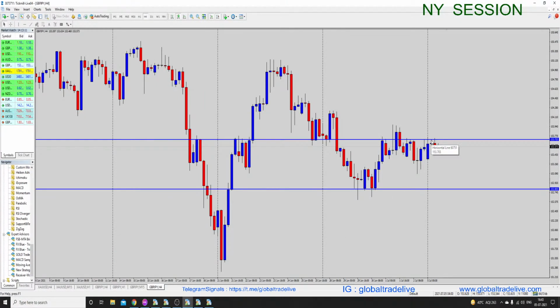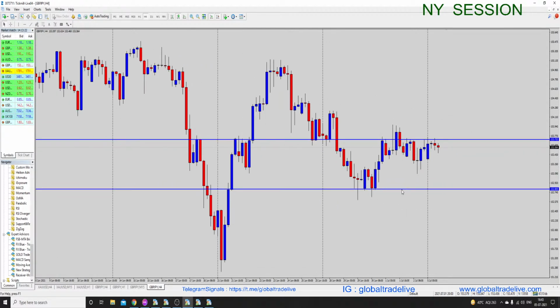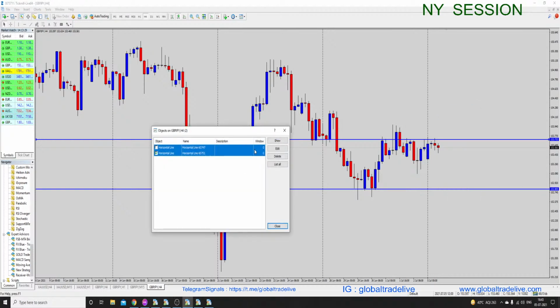So if I look at GBP on the 4 hour, let's see from where it's going up and from where it's coming. Okay, so let's delete all these things here.